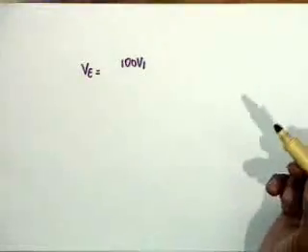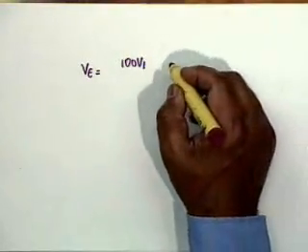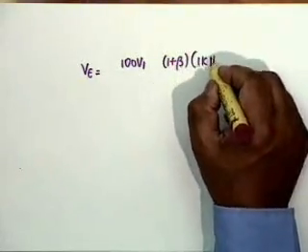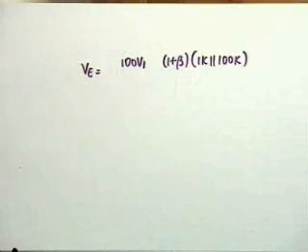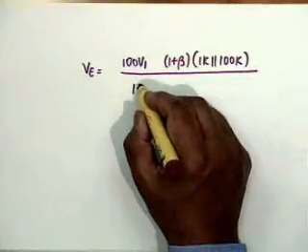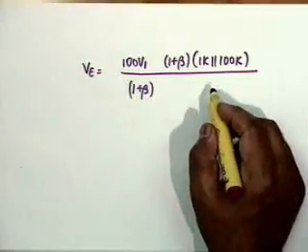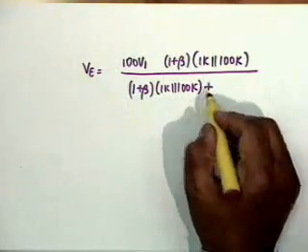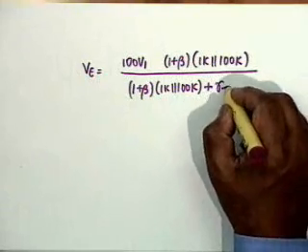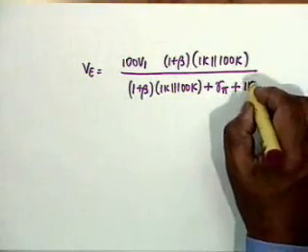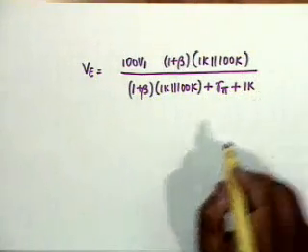So I can write down by inspection VE as 100 V1, then 1 plus beta times 1K parallel 100K, this is the drop across 1K parallel 100K, divided by 1 plus beta times 1K parallel 100K plus R pi plus 1K. This is VE.